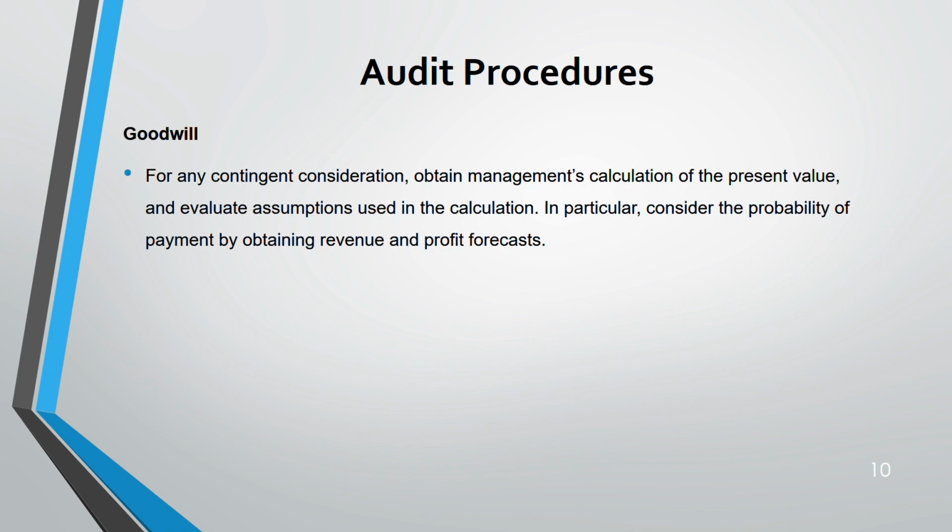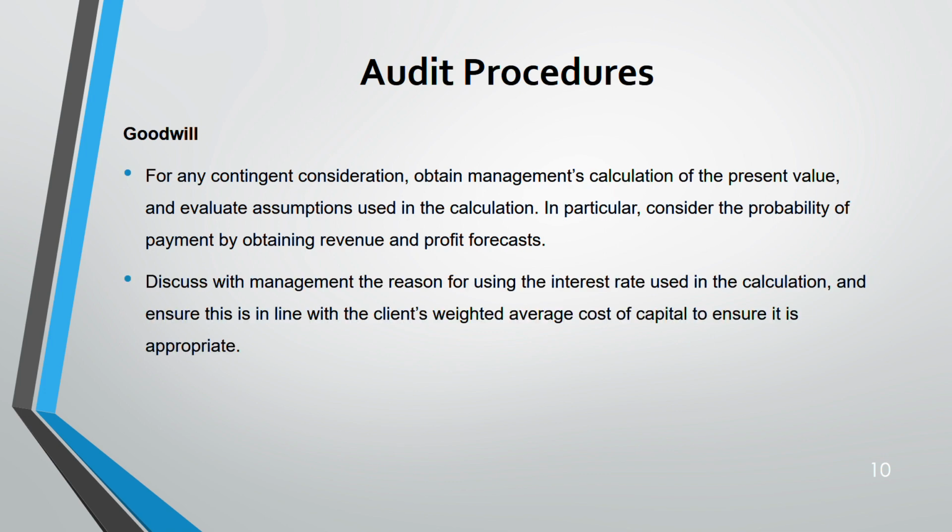Also check the probability of the payment, by obtaining revenue and profit forecasts. Then you have to discuss with management the interest rate used in the calculation. You must have used some interest rate to discount, right? Discuss it with management and check whether that rate is in line with the client's weighted average cost of capital.